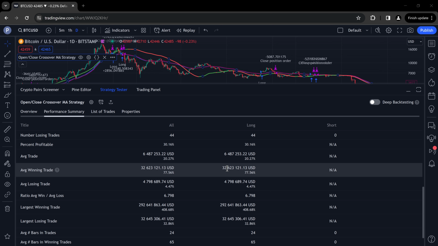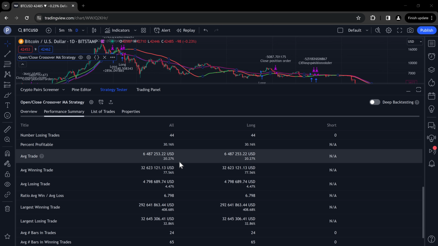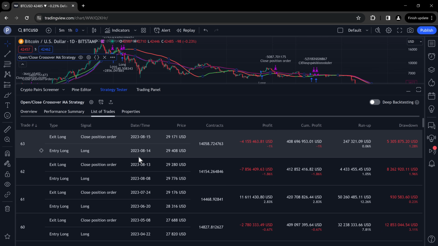Now let's review the next tab, which is called the list of trades of the strategy tester.